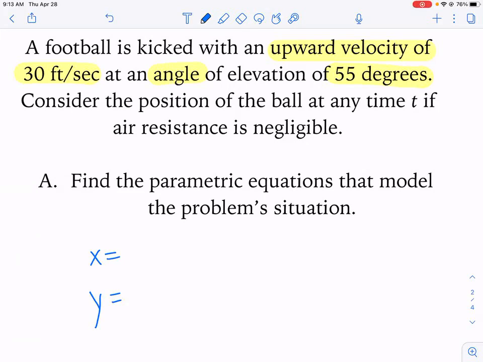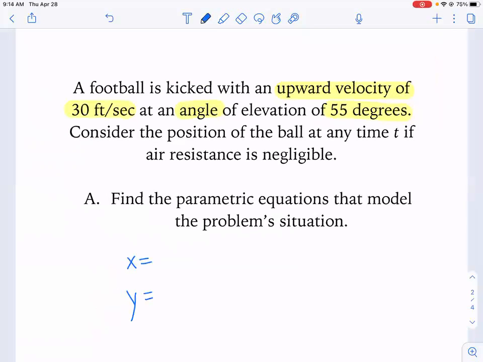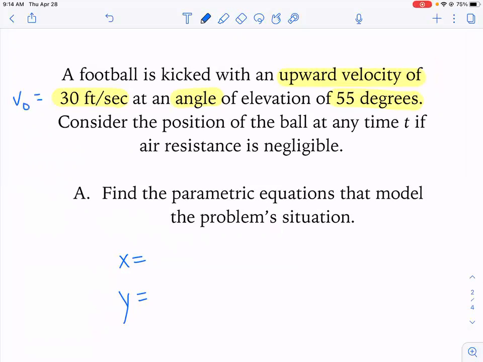Write down what you need to so this makes sense when you go back and look at it in your notes. So 30 is representing our initial velocity. 55 degrees is representing our angle. What's our initial height? Our initial height is 0. We're kicking it from the tee.